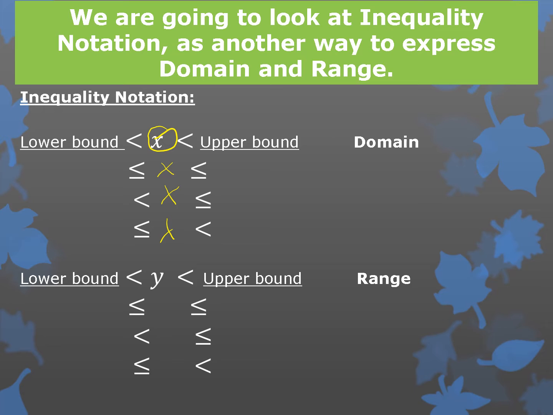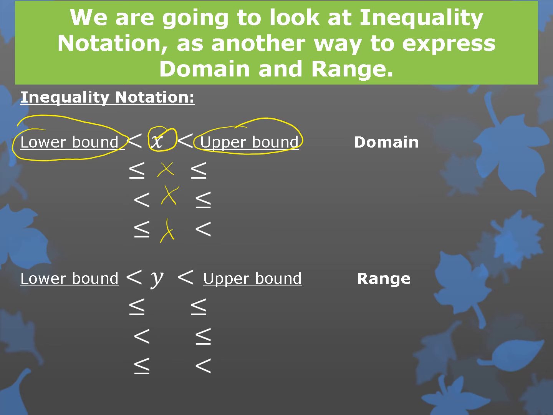Now, you'll also notice that x is nestled in between the lower bound and the upper bound. Sometimes you'll hear it referred to as the left bound and the right bound, but just know left bound, lower bound, smallest value; upper bound, right bound, largest value. So what you're going to do is squeeze x in between the smallest value of your domain and the largest value of your domain.